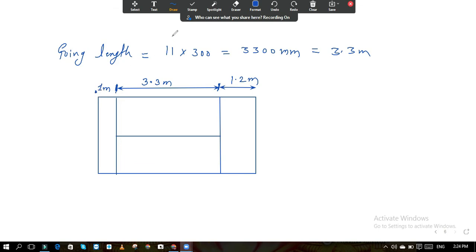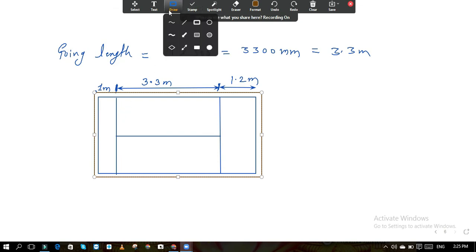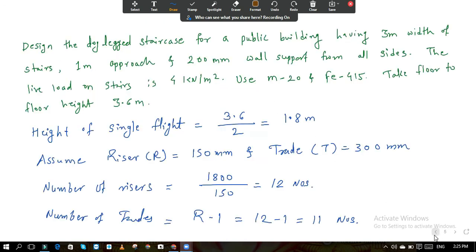Okay. And there is a wall which surrounds from all four sides. This is the wall. Okay. And the thickness of this wall, how much is it given? It is 200 mm thick.